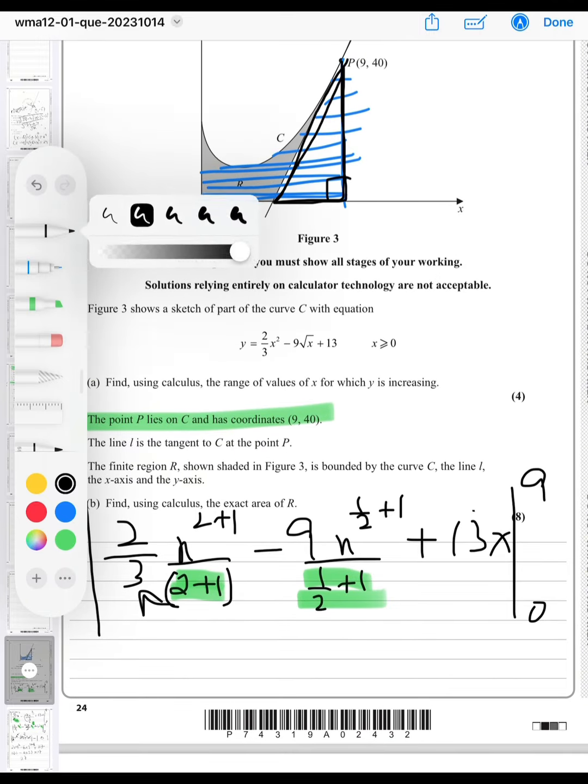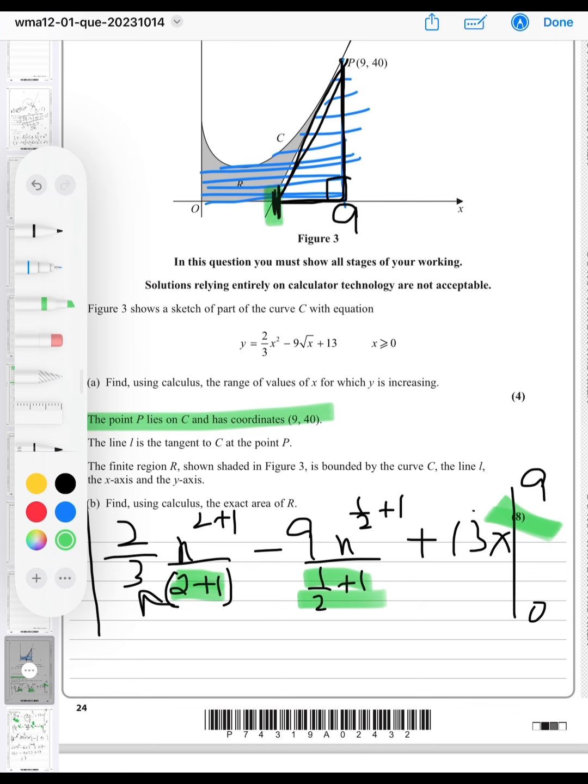Now, as you know that this part is 9, this part is 9, so we need to find this one. And how will we get this one? The only way is to make the equation of the line. This question really needs working, because they are giving you 8 marks for this question. So we need to find this position, this value.